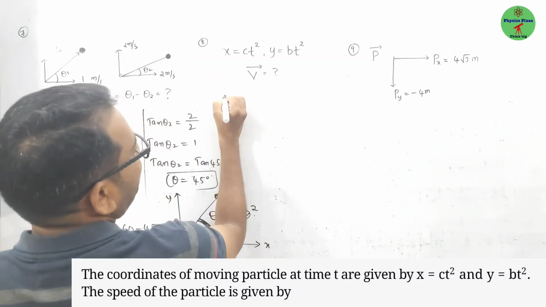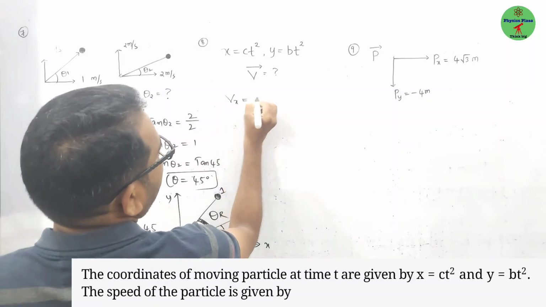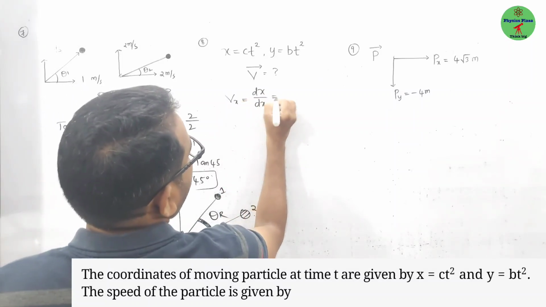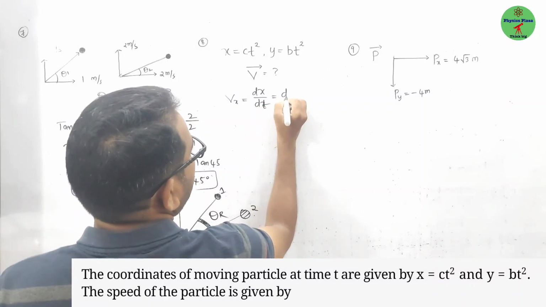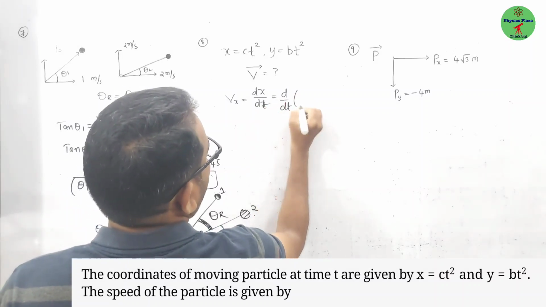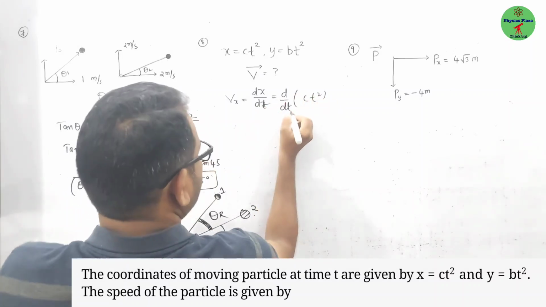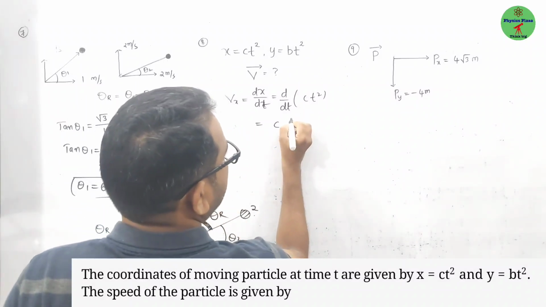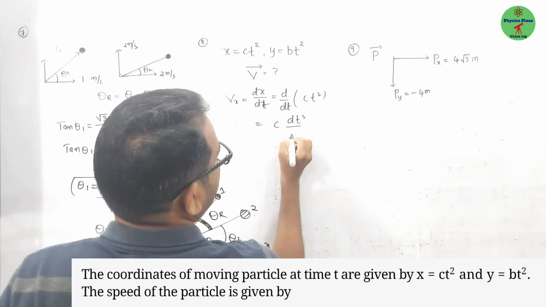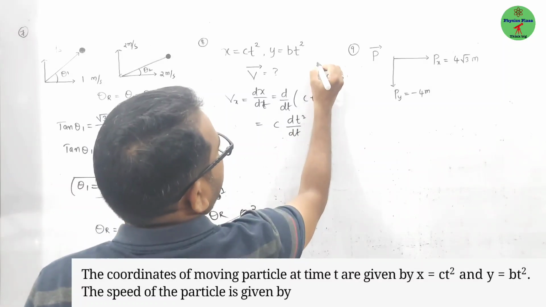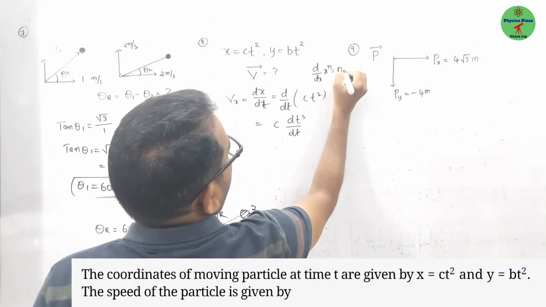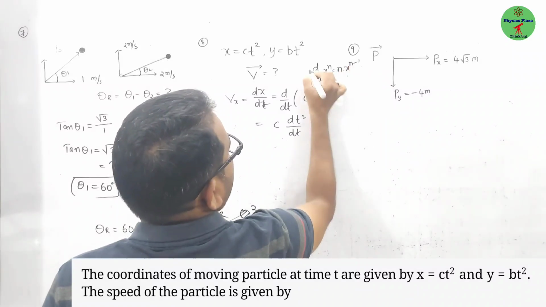Okay, first I want to calculate the horizontal component. For this, let us take dx by dt, in terms of t, right? So d by dt of ct square. Here c is a constant, and for dt square by dt, we are using the formula d by dx of x power n is equal to n into x power n minus 1.